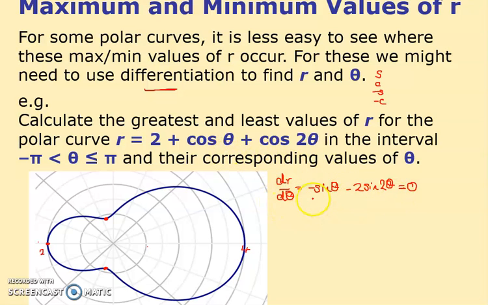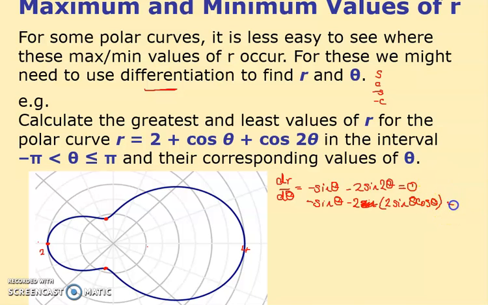Now if this is true, I've got to solve this equation to find the value of theta. Now there's a little trick here I can do. I know the double angle formula: sine 2 theta is in itself 2 sine theta cos theta. That's the formula you've seen in normal maths.